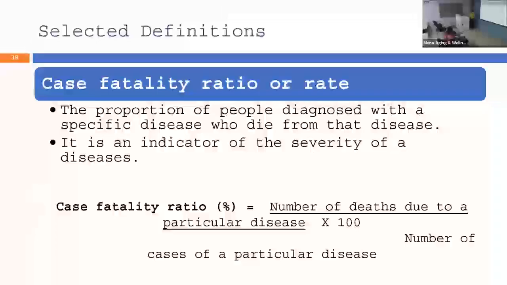Out of all the cases, what proportion dies? It's an indicator of the severity of a disease. We would usually report the case fatality ratio for COVID: the number of deaths due to COVID divided by the number of cases, given as a percentage, so we multiply by 100.